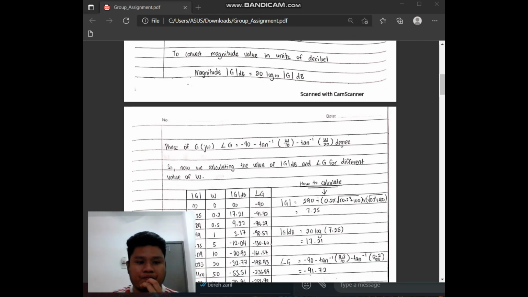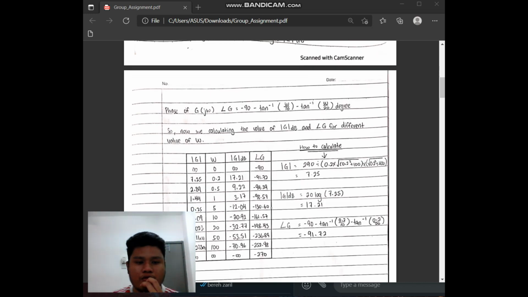To find the phase, the formula is negative 90 minus tan inverse of omega divided by 10 minus tan inverse of omega divided by 20, and the unit is in degrees.